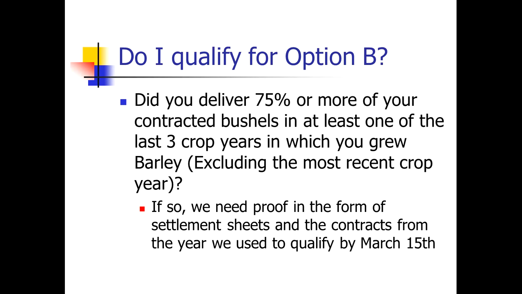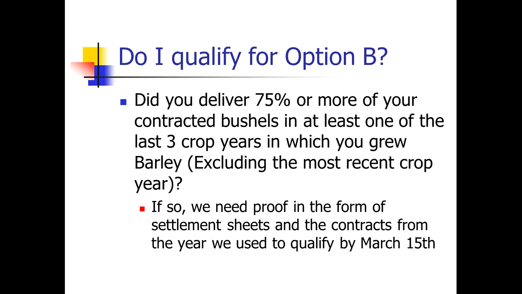So we need proof in the form of settlement sheets. Just as an example, we couldn't use 2013 for this 2014 crop year, but we could use 2012, 2010, or 2011, or even farther back. If the last time you grew malt barley was back in 2000, we could use that. It just has to be one of the last 3 years you grew malt barley.